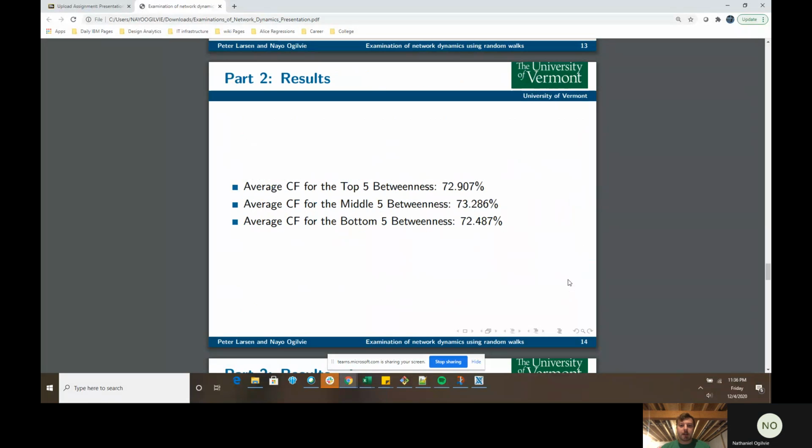So we looked at essentially the top five for each centrality, the middle five for each centrality, and the bottom five for each centrality. The average coverage fraction for the top five was 72.9% for betweenness. The middle five was 73.2, and the bottom five was 72.48.